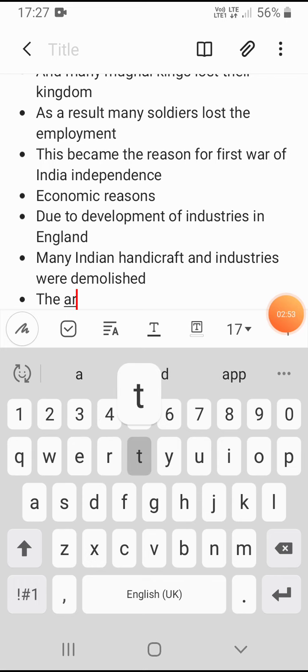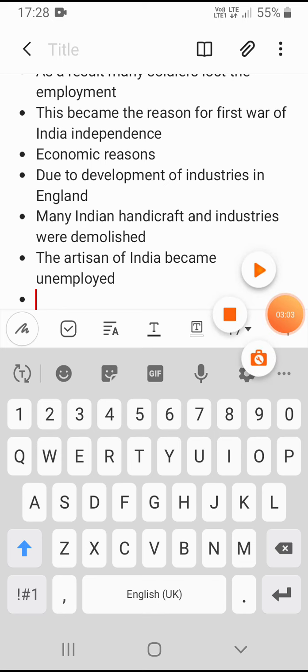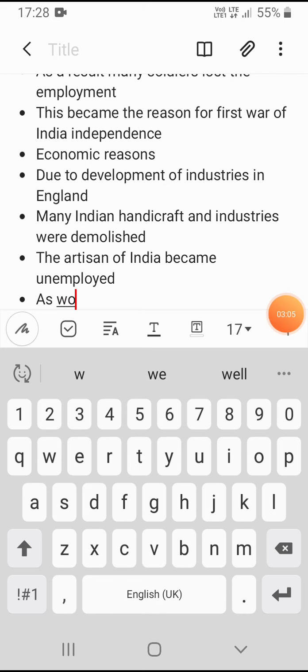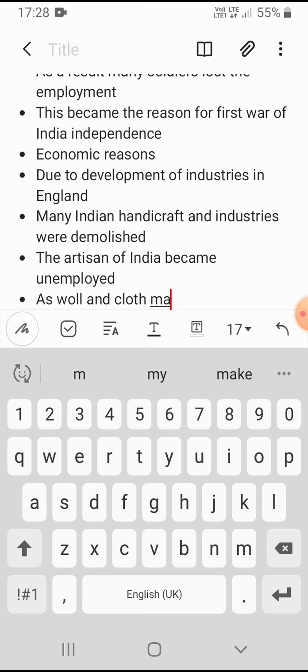Artisans of India became unemployed, and the wool and cloth making industry suffered a lot.